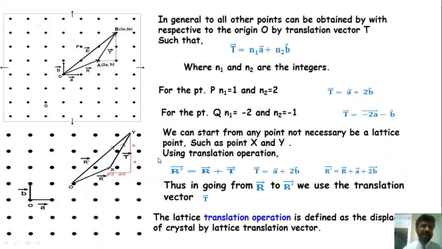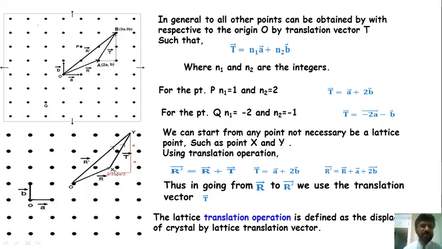Therefore, by using the translation operation, we can write r dash is equal to vector r plus vector t. So we can express that the vector t is equal to a plus 2b. That means a is from this point to this point. So here this is a by 2, here this is a by 2.